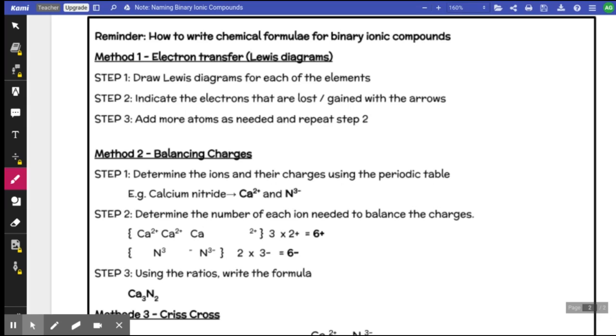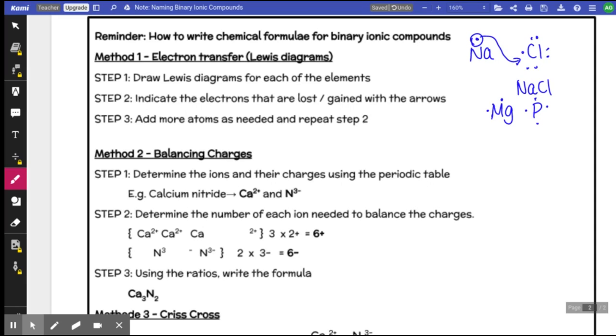In the case of sodium chloride, it's easy because there's only one of each: you move it over and end up with NaCl. But with other compounds, it can be a little more complicated. You might have, let's say, magnesium and phosphorus.